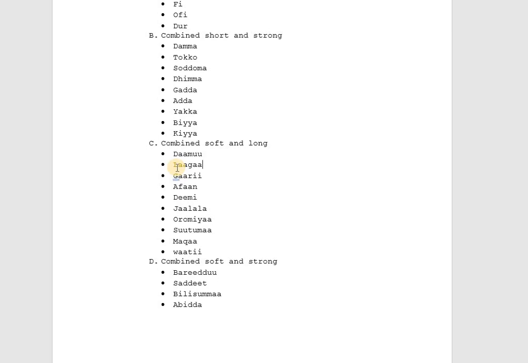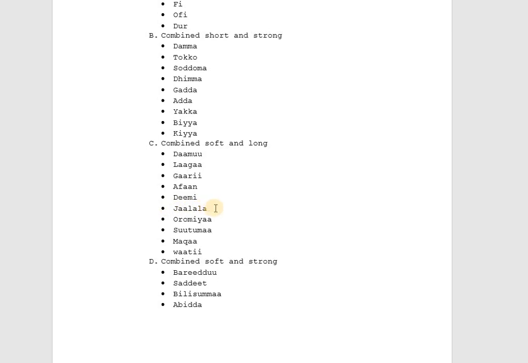Those three have the long sound at the beginning. A is short here. Fa is long again. Na is short. Demi, da is long. Ma is short.